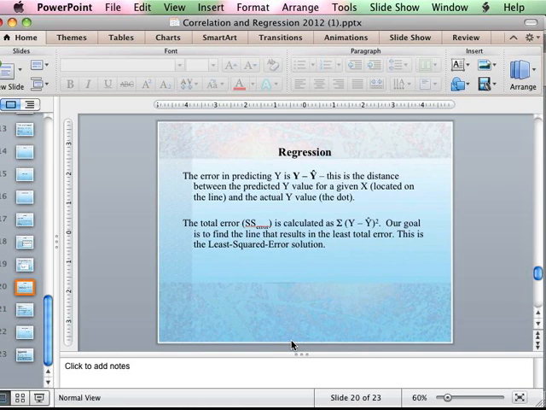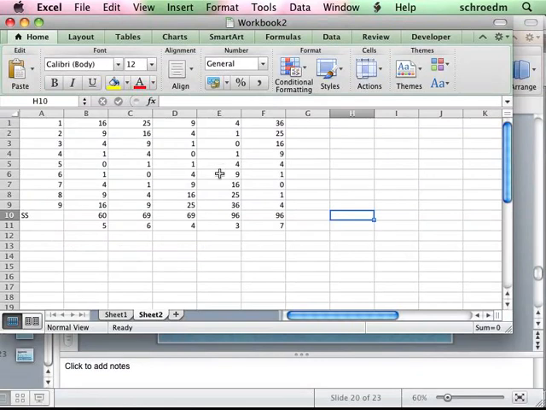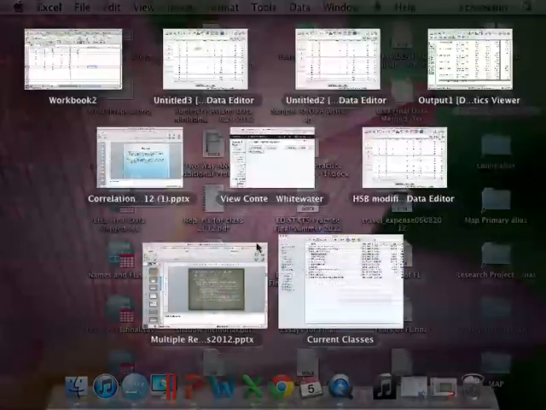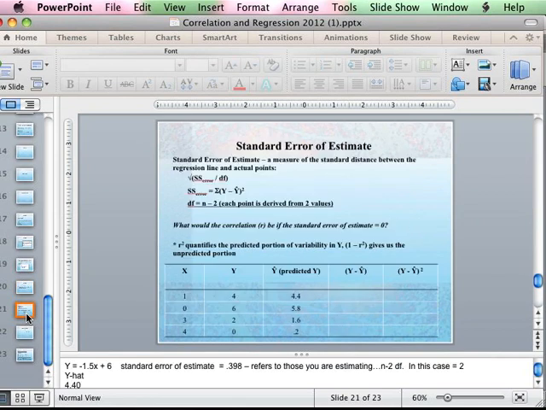And my goal is to make that value the smallest, just like the goal of the mean itself, when I'm just dealing with one variable, is to make my sum of squares for that variable the smallest. So it does the same thing, only in 2 dimensions rather than 1.